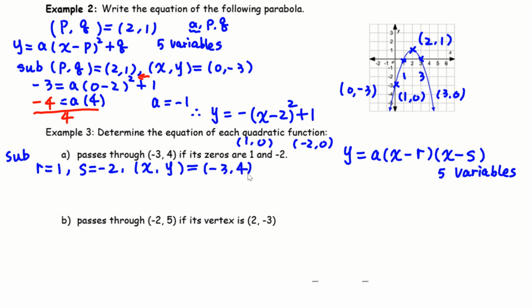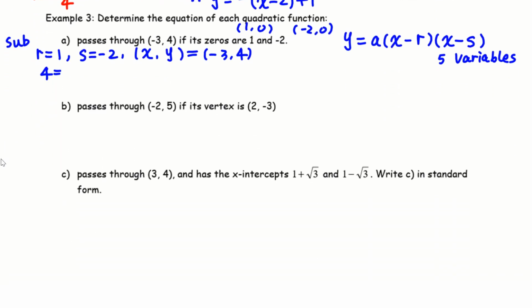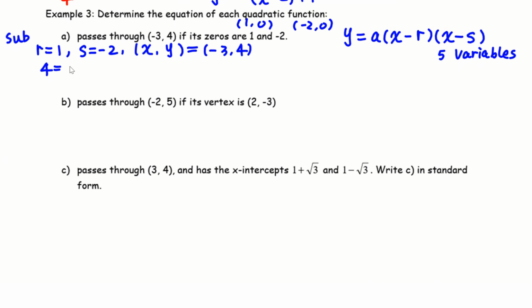So we sub all of this into the factor form. You are going to have 4 equals a. The A value is unknown, so for the factor form we need to find A, R, S. R and S are given, only A is unknown.